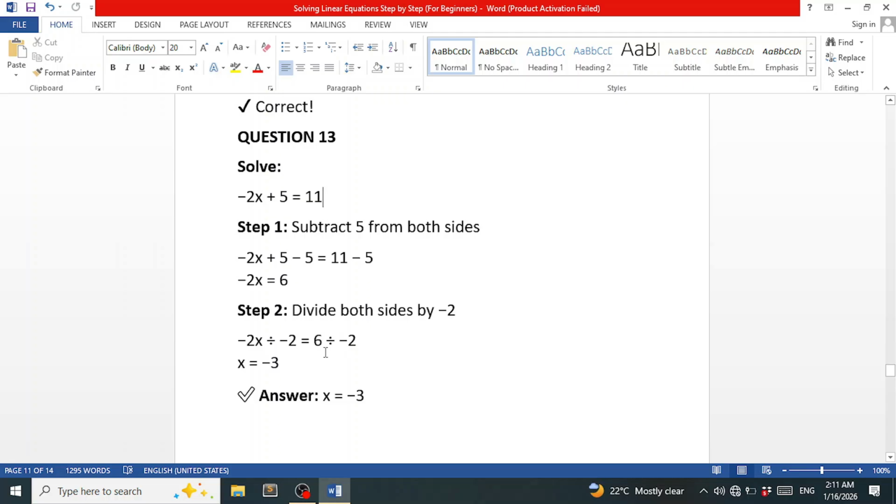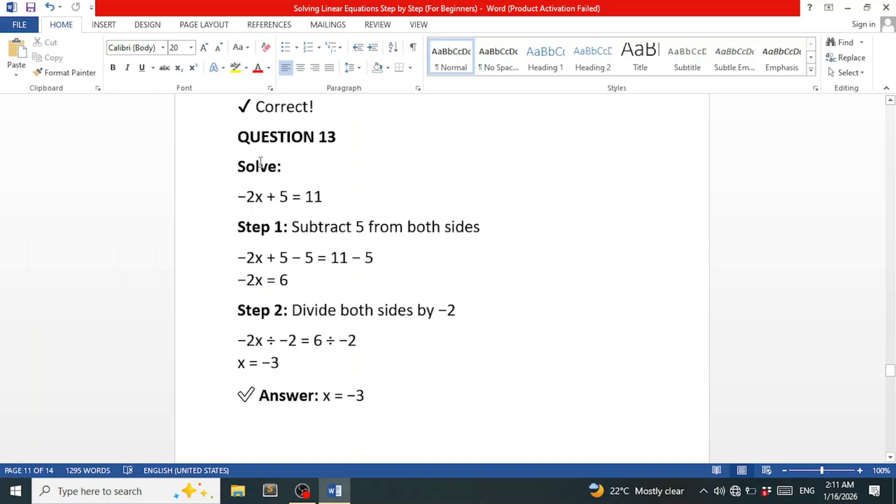So you must follow what I'm doing, then you apply it to different questions. The more you practice, the more you're going to understand this, okay? So x is equal to negative 3. Okay, answer: x is equal to negative 3. This minus makes the difference. Don't ignore it, please, my students, okay?